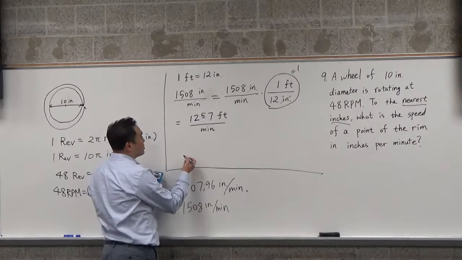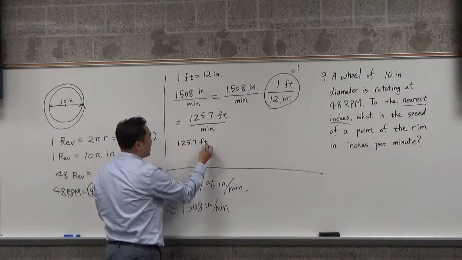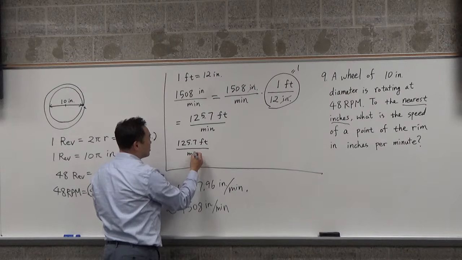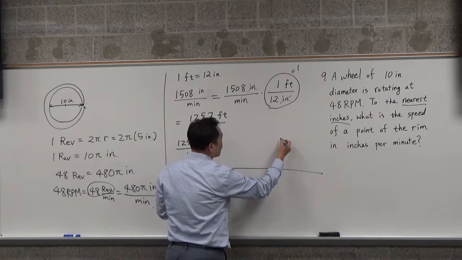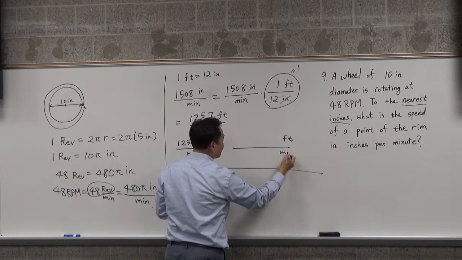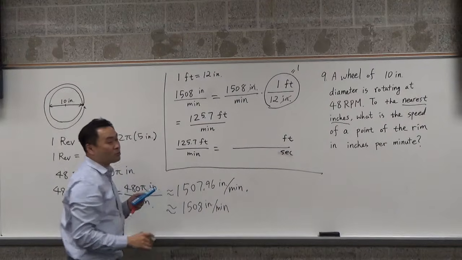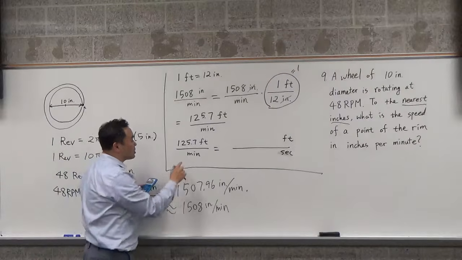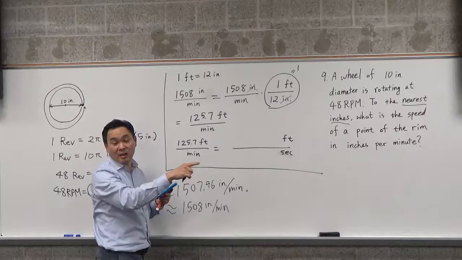That's because I want 125.7 feet over a minute to be converted into the same feet, but the bottom has to be in seconds, not minutes. So for that to hold, you want to cancel the minutes out and have the seconds survive.